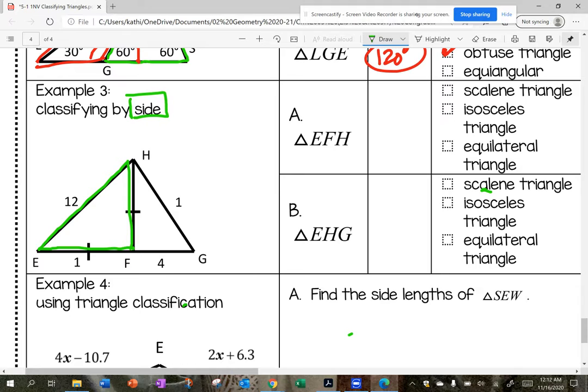So I know one side is 1, and these two sides are congruent. So I know this side is 1. And then here's my third side of 12. So I know I have at least 2 congruent sides. So by definition, when I have at least 2 congruent sides, I call that an isosceles triangle.